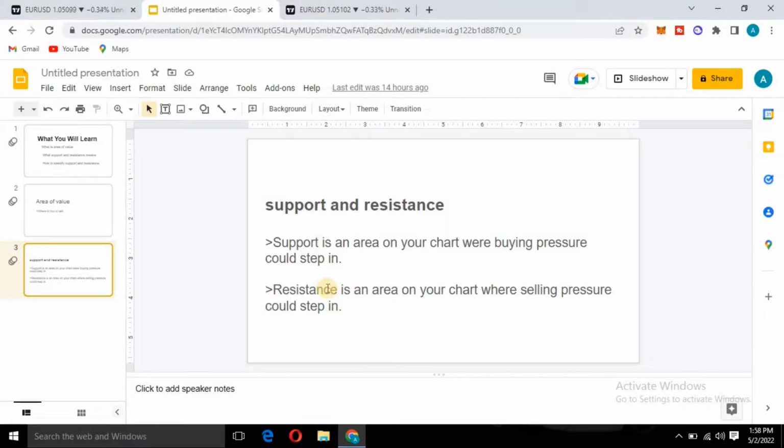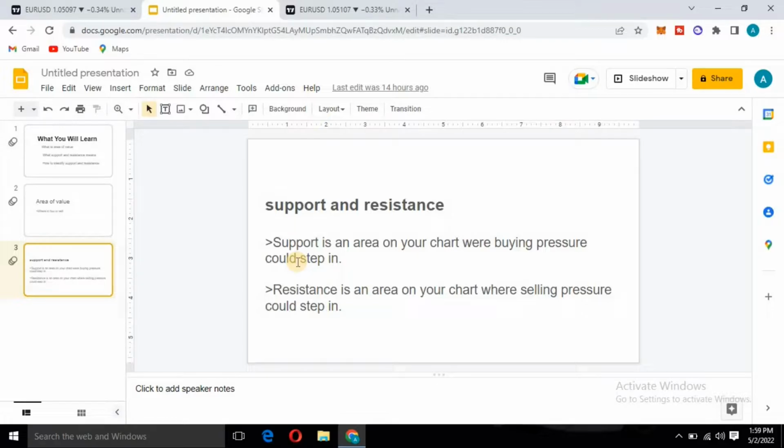So what is support? Support is an area on your chart where buying pressure could step in. Remember the word could step in. The word could here means that trading is all about probability, so there is no certainty. It's not certain that by force the market must reverse or continue moving in that particular region.